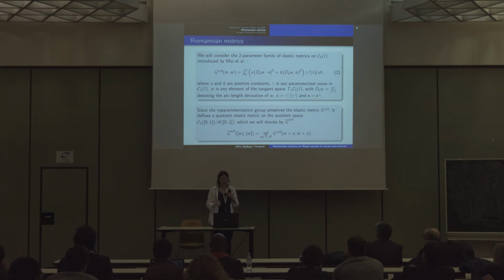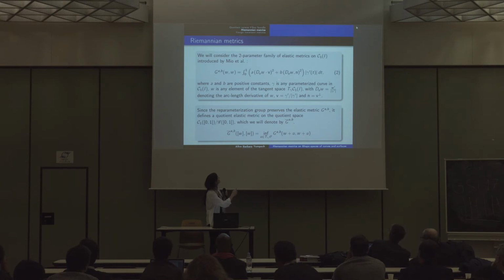So here I recall the family of elastic metrics on the space of curves, which is a two-parameter family with a and b, different coefficients, where a is a metric in the direction of the velocity vector field, and b is a coefficient related to the normal direction.